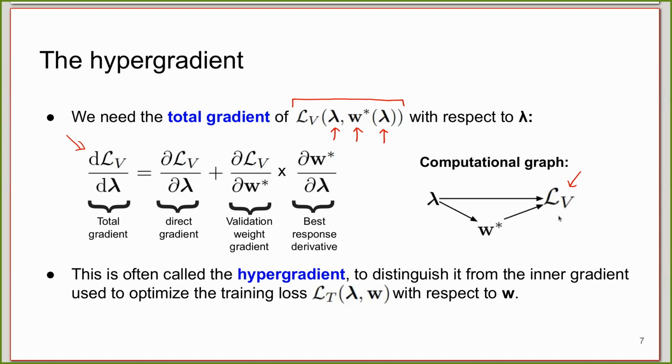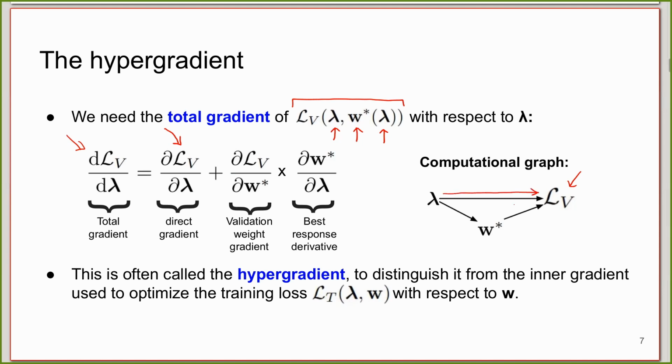So you have to account for this when you calculate gradients, and that's why you obtain this formula for the total gradient of the validation loss with respect to lambda. That's going to be the direct contribution of lambda on the validation loss. You will have to take the gradient of that. Okay, this corresponds to this arrow here.